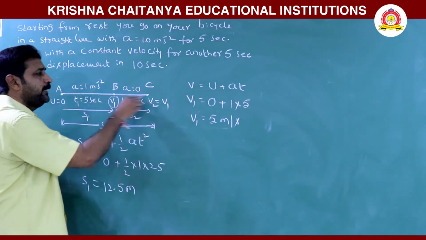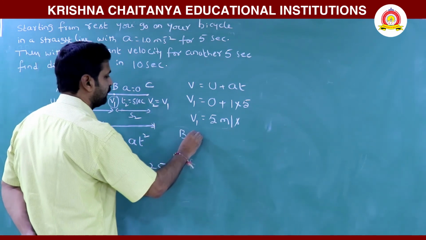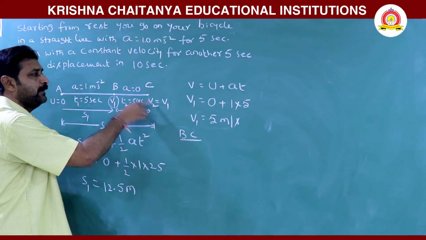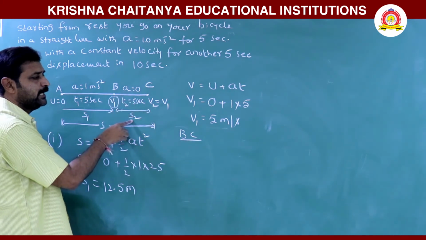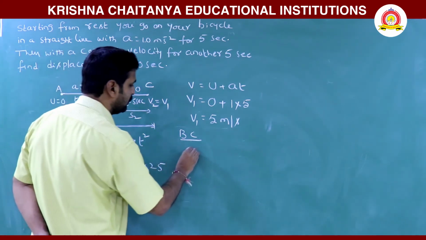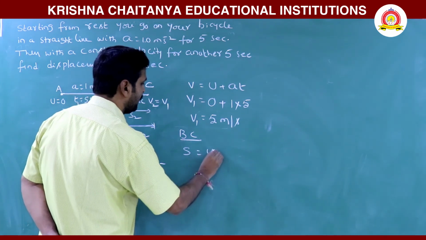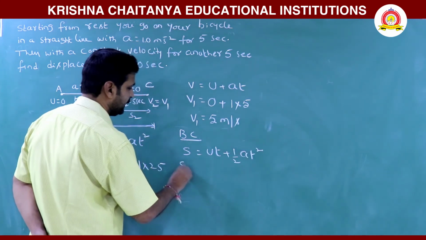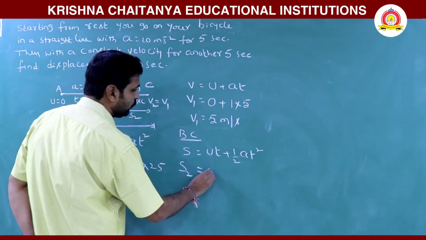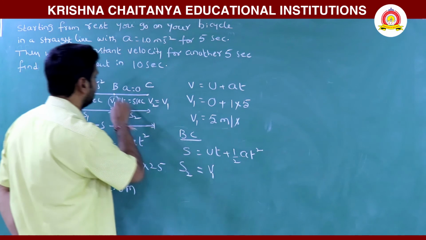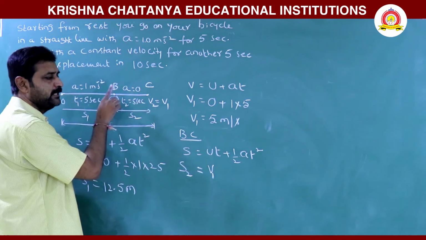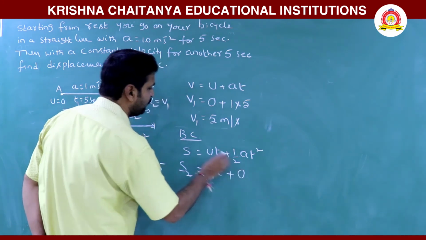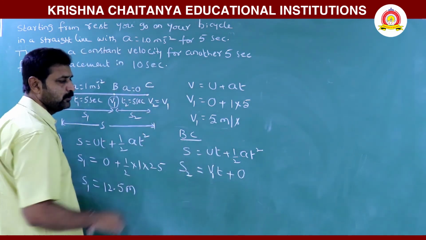Now here from B to C, the velocity is the same, acceleration 0, and the distance travelled we let as S2. So S is equal to ut plus half at squared. Here S is S2, u is V1. For this entire journey velocity remains constant, into time. Acceleration for this BC journey is 0.